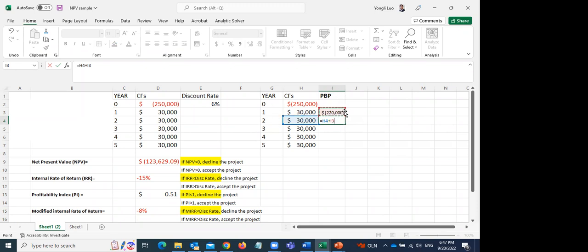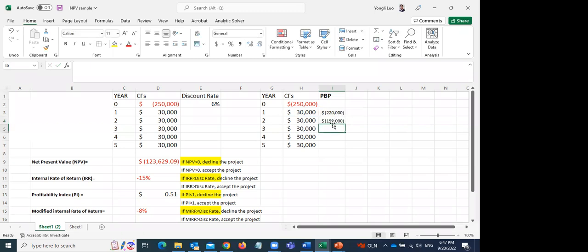I3 is the balance at the end of the first year. That's the formula for this one: the cash flow plus the balance at the end of the first year, which is a negative 190.